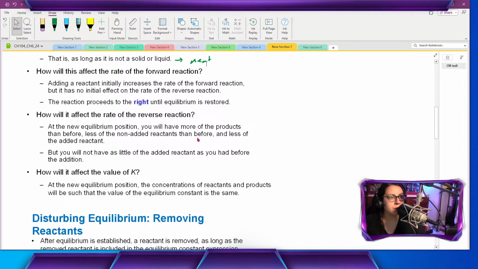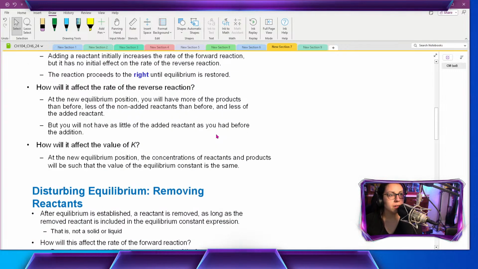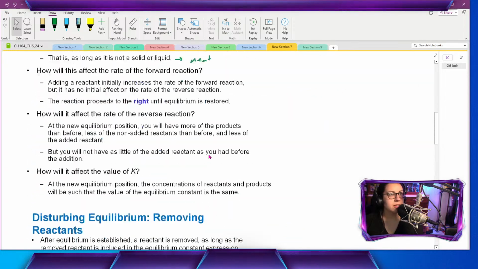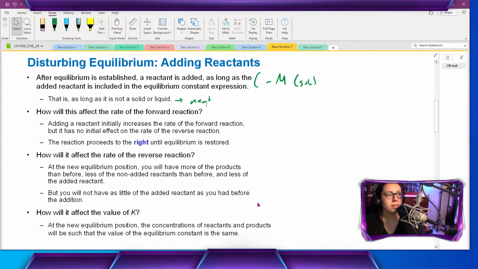And then again, equilibrium is restored, but now you have, this is all a convoluted way of showing what was going on here, right? That we have more of our added reactants, but not as much as we had added. And then we have more of our products. It's kind of convoluted. And K is never changed. Your K is a constant.